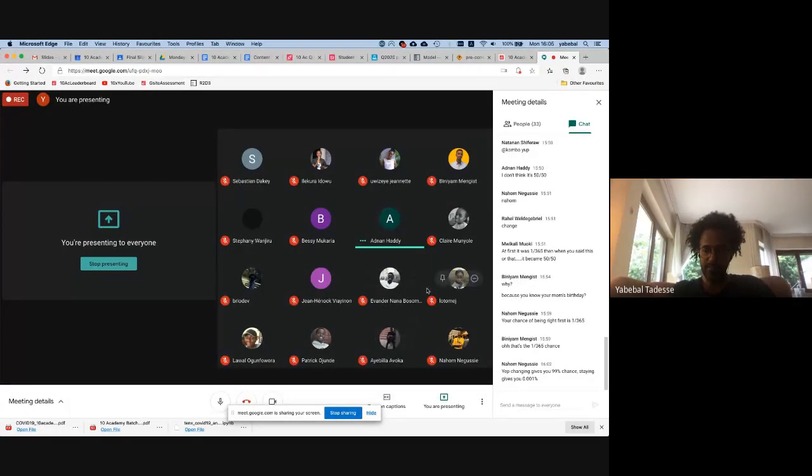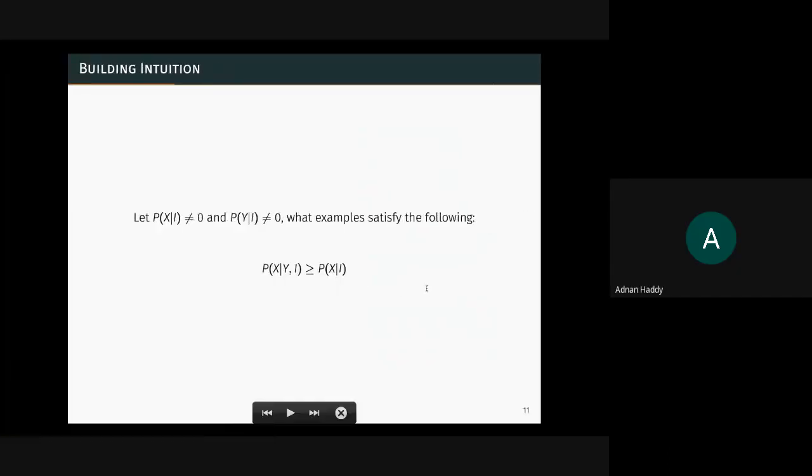Hello, Adnan. Yeah. Okay, it's saying the probability of X given the information is not equal to 0. That means the event may happen or may not happen, because if it were 0, it would be impossible. And the probability of Y given the information is not equal to 0, which means it may happen depending on the probability.